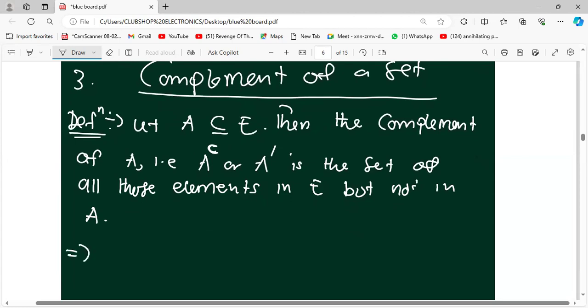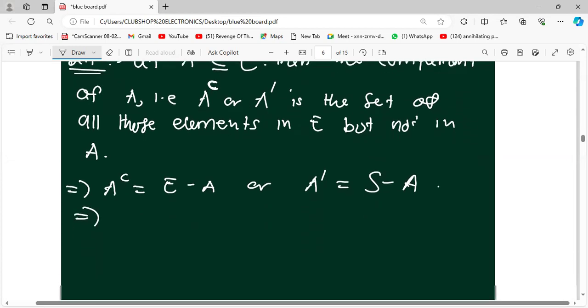So what does it mean? A complement is the same as E minus A, or you can say A complement is the same as the sample space minus A. This implies that A complement is the event that not A. That's what we mean.